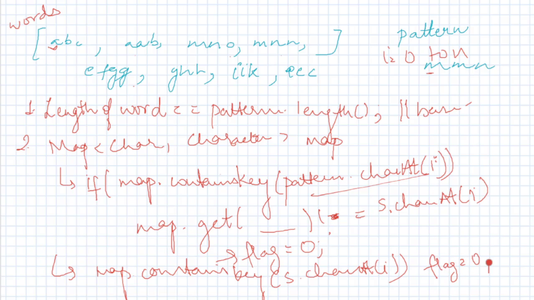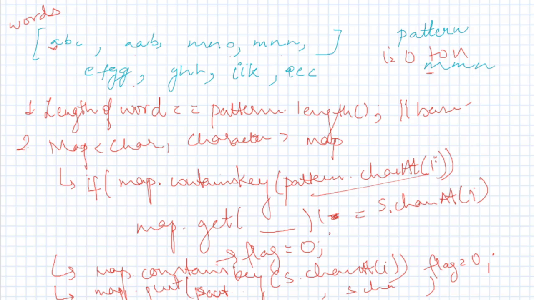Now if it's not the case, if both cases are fine, that means somewhere you're going right, then you can put the value of pattern.charAt(i) and s.charAt(i) in the map. This is how things will go.